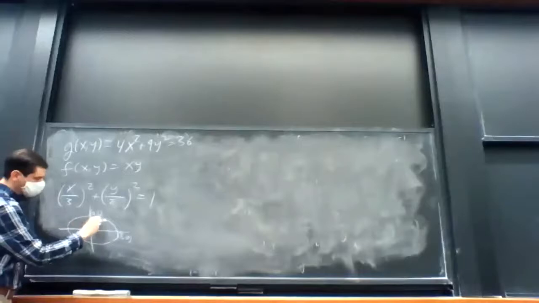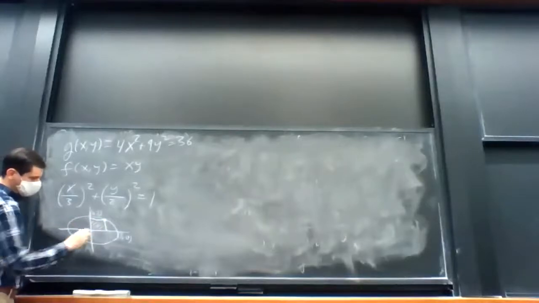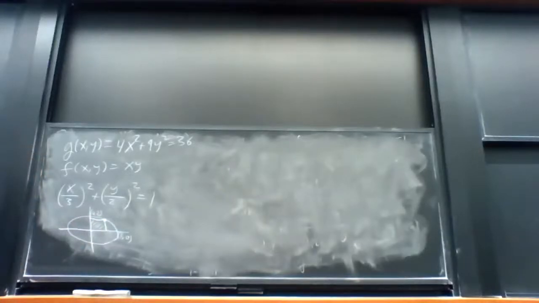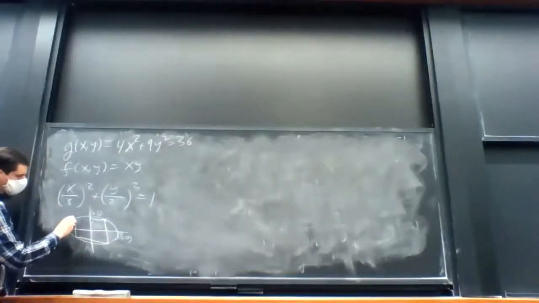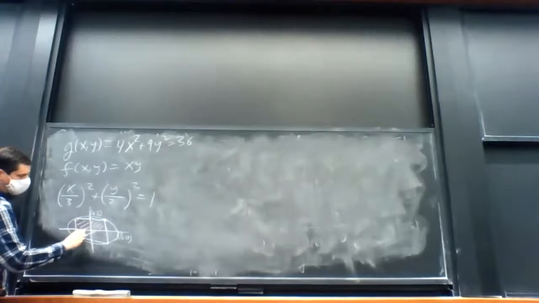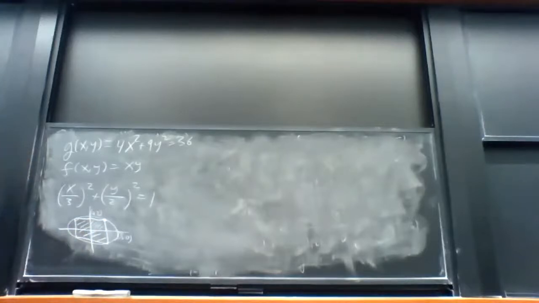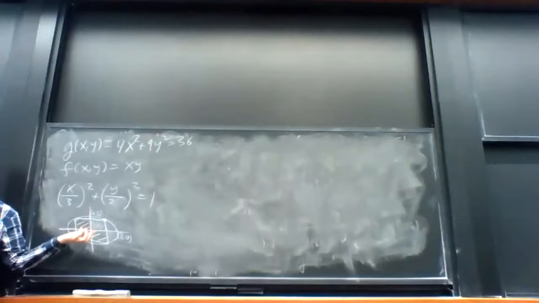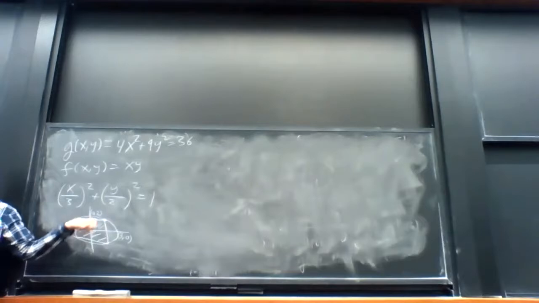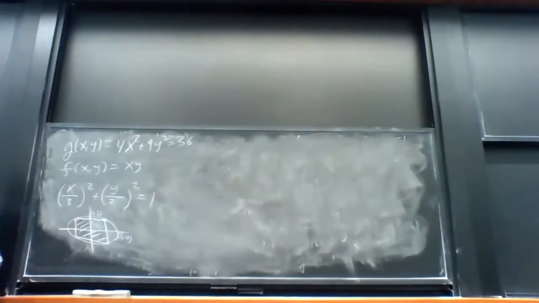I'm really maximizing that area, which is the same as maximizing the largest rectangle I can put in by taking one point and looking at its reflections: x, y; x, negative y; negative x, negative y; negative x, positive y. So there's a nice geometric interpretation to this problem, but we don't need it, we can just do this formally.